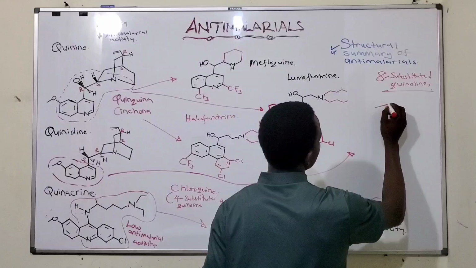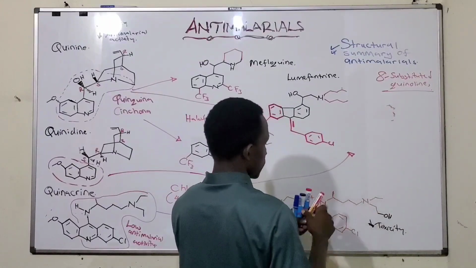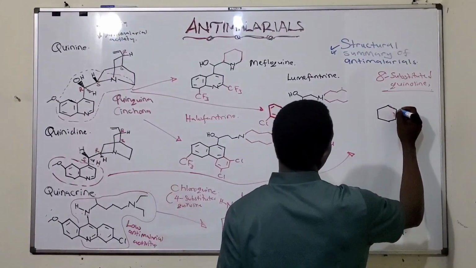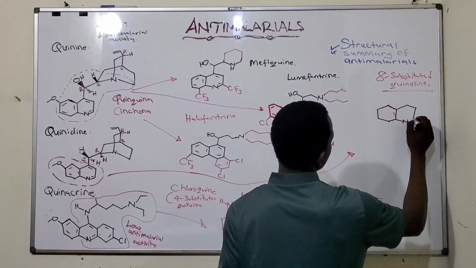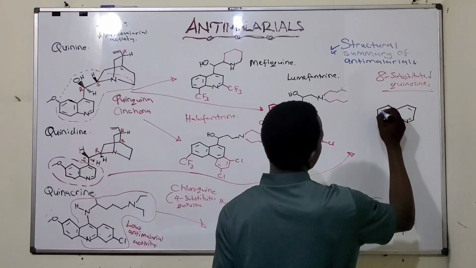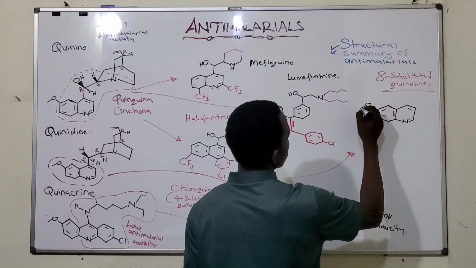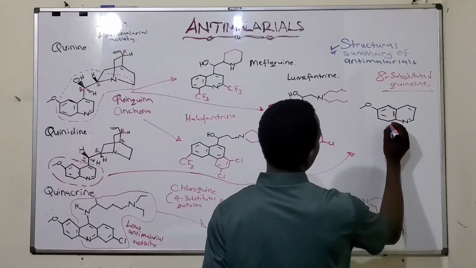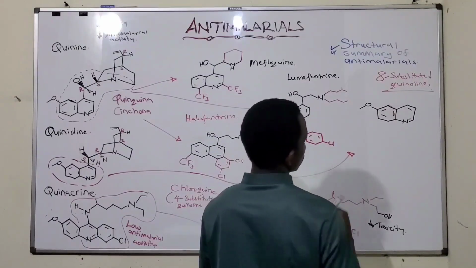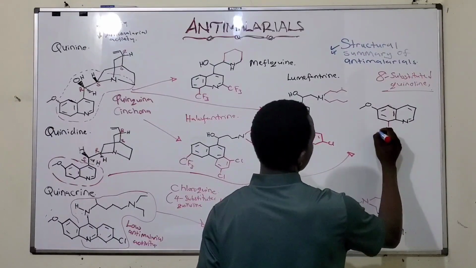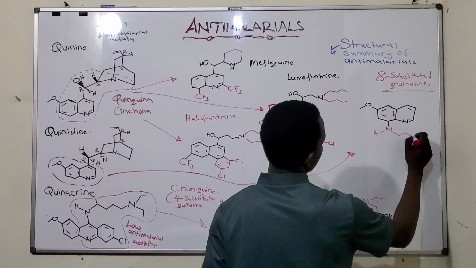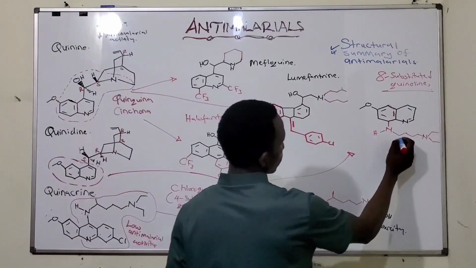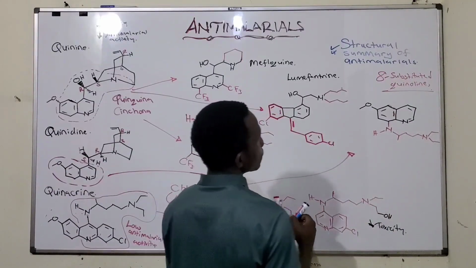In primaquine, you have this structure. Use black. And here we have a methoxy group, like that in quinine and quinidine. Then here, at 8th position, we substituted this. This is primaquine.